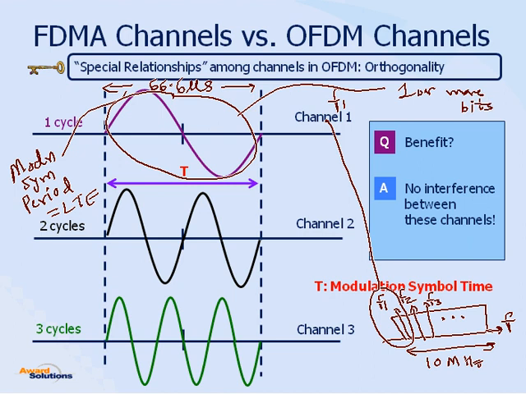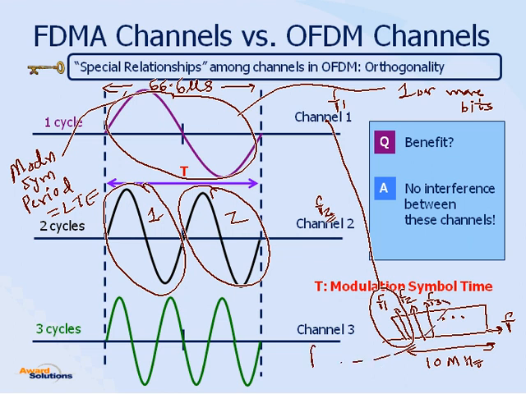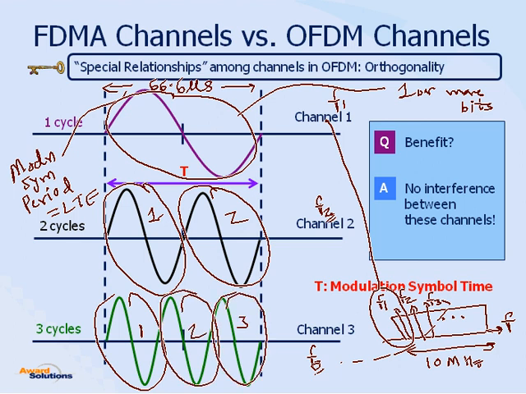Okay, very good. Now, let's construct another subcarrier F2. Number 2, we will have 2 full cycles of the sine wave. One cycle here, another cycle here. Let's construct the subcarrier number 3, F3. Now 3, we have 3 full cycles of the sine wave, 1, 2, and 3.